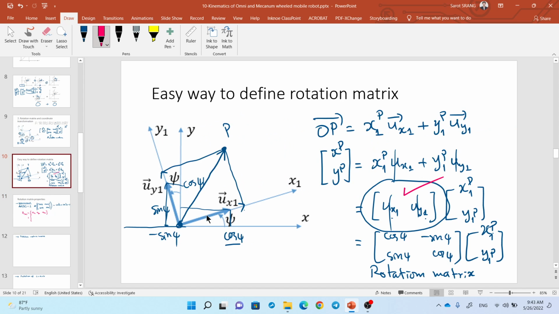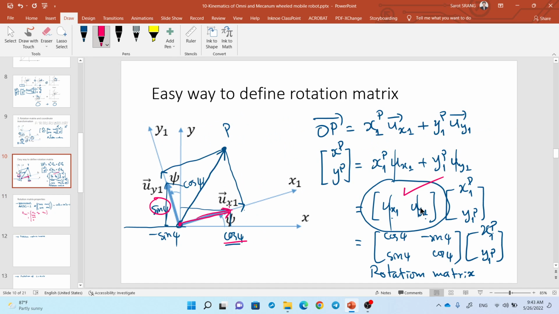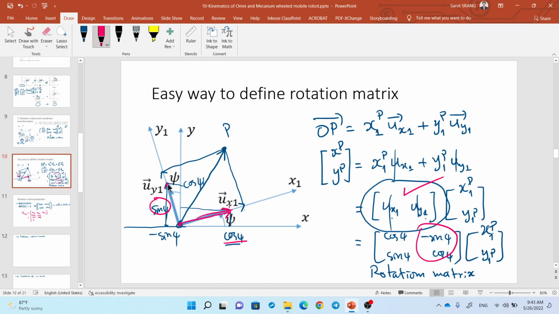UH1, as you see here, has coordinates on the global axis cosine, sine, and what about its component on the z-axis? 0, right? So cosine psi, sine psi, 0. How about Y? You can just take this first: minus sine psi, cosine psi. How about the component of UY1 on the z-axis? 0.